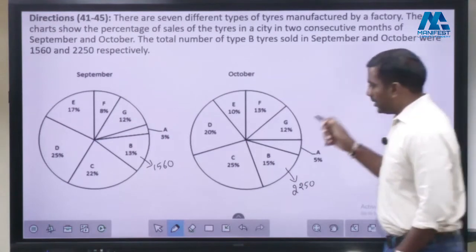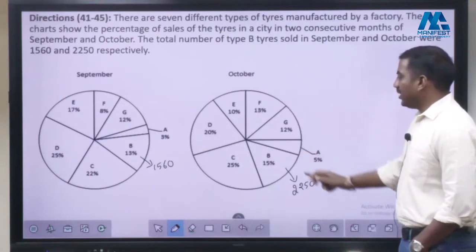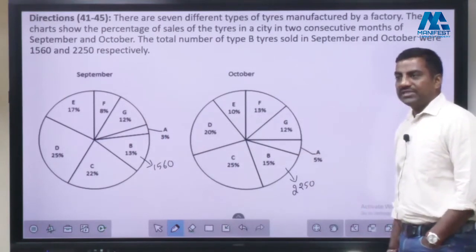Correct? So type B is 13%, so 1,560. Type B 15%, that is 2,250.